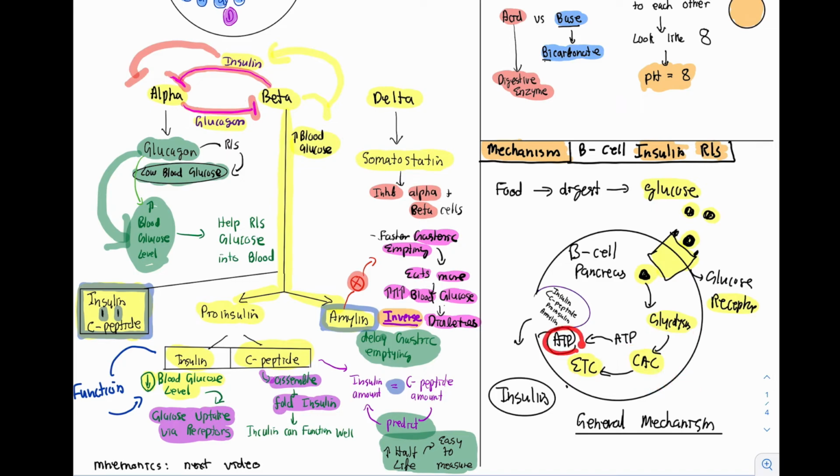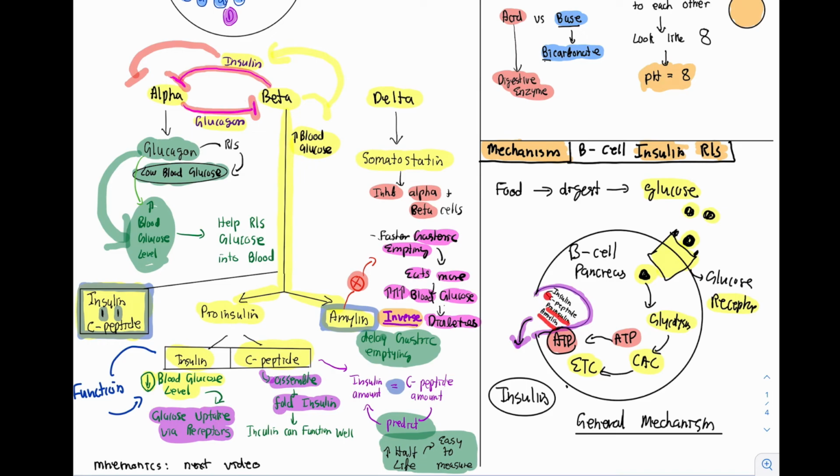Now the ATP is going to cause the secretory vesicles inside the beta cells to exit via exocytosis. Inside the vesicles, we have insulin and C-peptide attached together, and we also have proinsulin, which includes insulin and C-peptide, and we also have amylin.